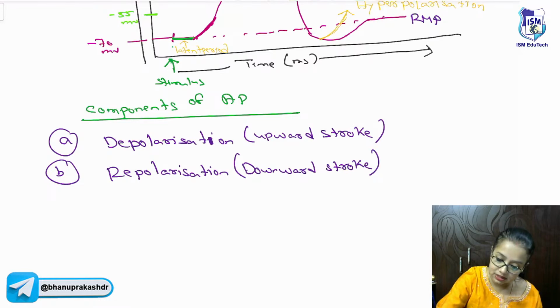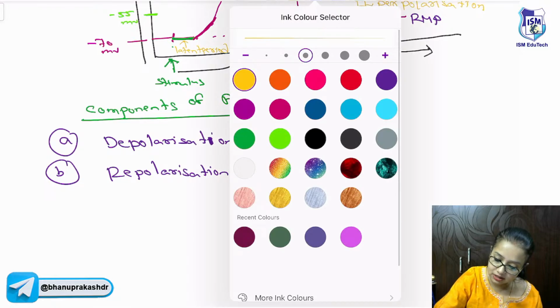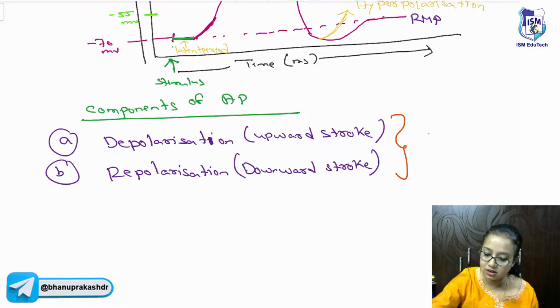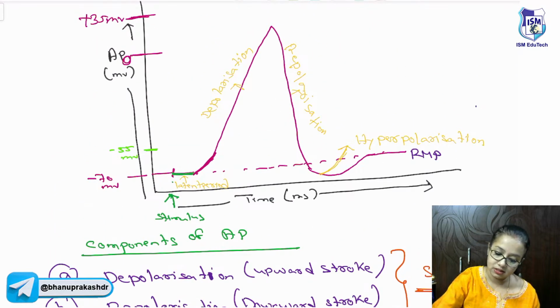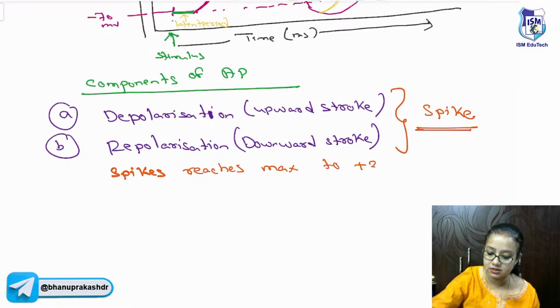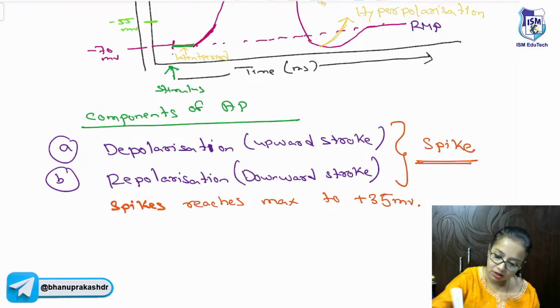Now, this depolarization and repolarization together, we call a spike. Now, this spike reaches a maximum of plus 35 millivolt.